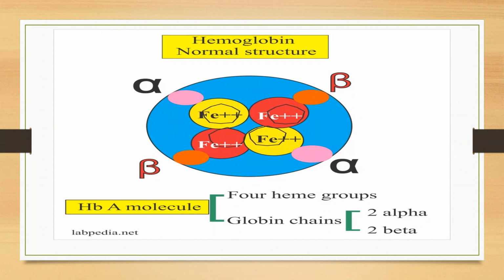So when all the Fe ions, 1 Fe, 2 Fe, 3 Fe and 4 Fe, combine with a molecule of oxygen to form oxyhemoglobin, this is called 100% saturation.